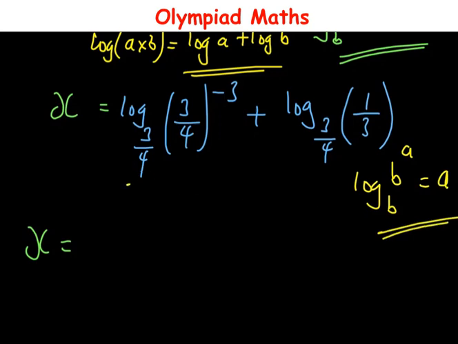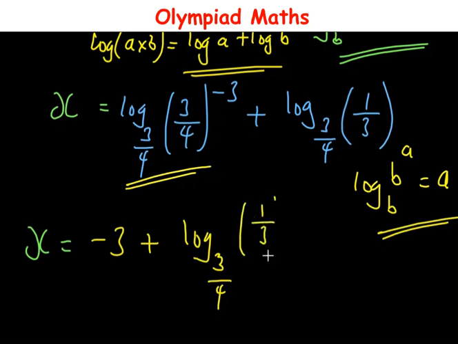Applying this rule to this here, what we have is logarithm of base 3/4 of (3/4)^(-3), then plus logarithm of base 3/4 of 1/3, such that the value of x is equal to, applying the rule that log base b of b^a equals a, minus 3, then plus logarithm of base 3/4 of 1/3.